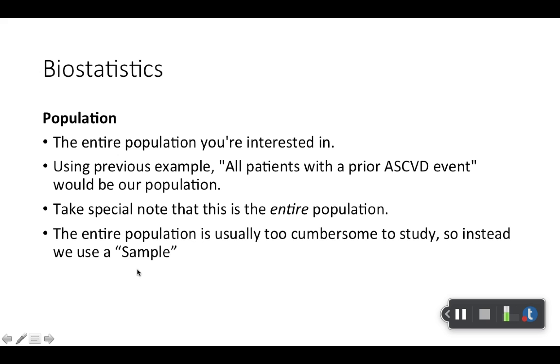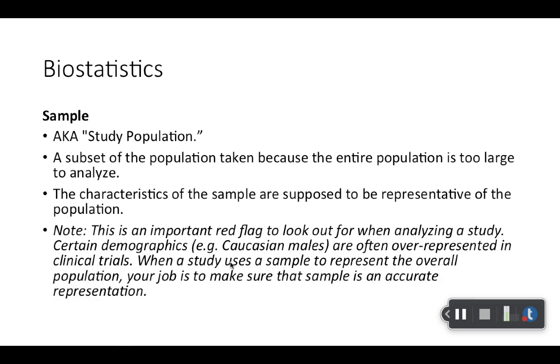And so they will use a sample, which is represented by the letter N. You can't test the whole population of a country or a city or town, whatever. And so sample is also known as a study population. Like I said, it's abbreviated N.